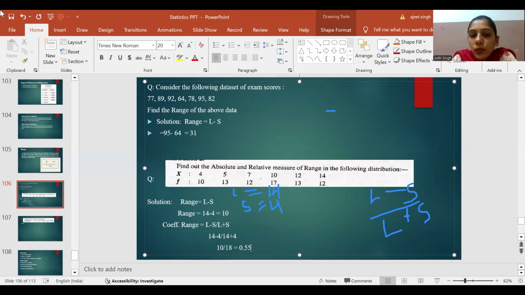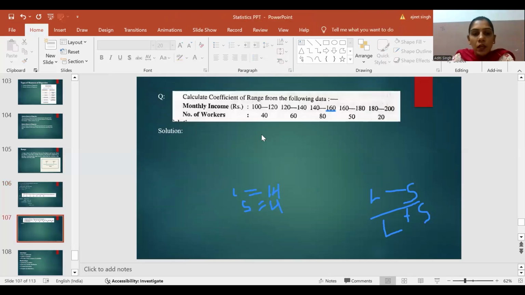This is how we calculate the coefficient of range. In these two questions, we have calculated the range and the coefficient of range. Now there is one more question. Let's do the calculation, as this is a question of continuous series.